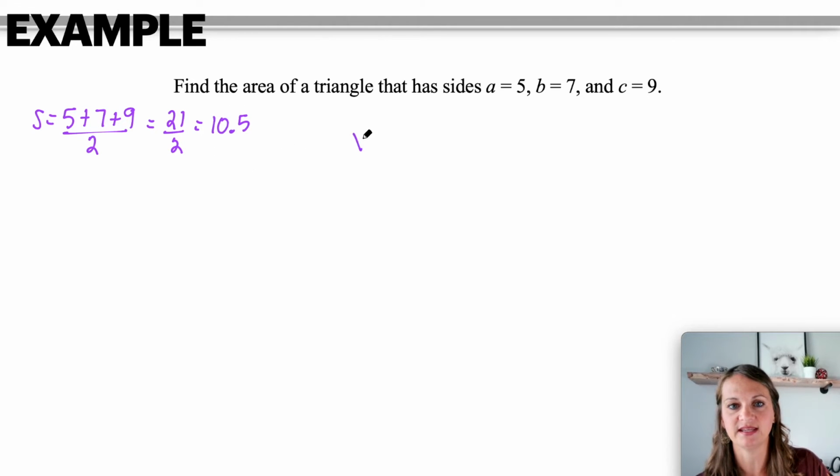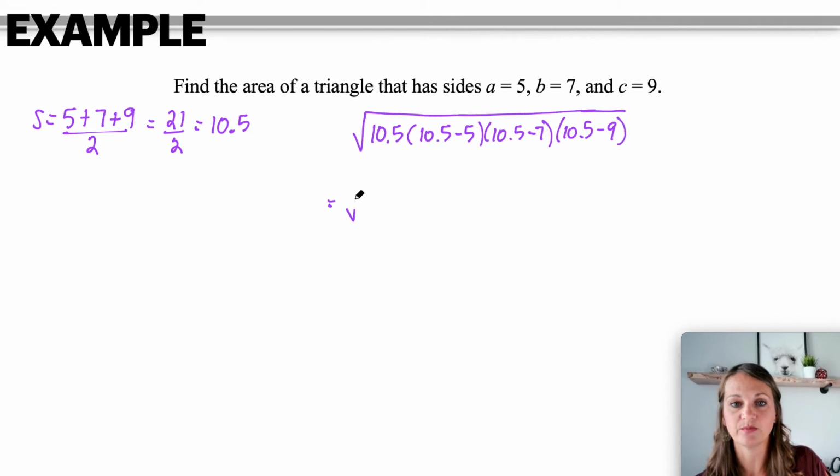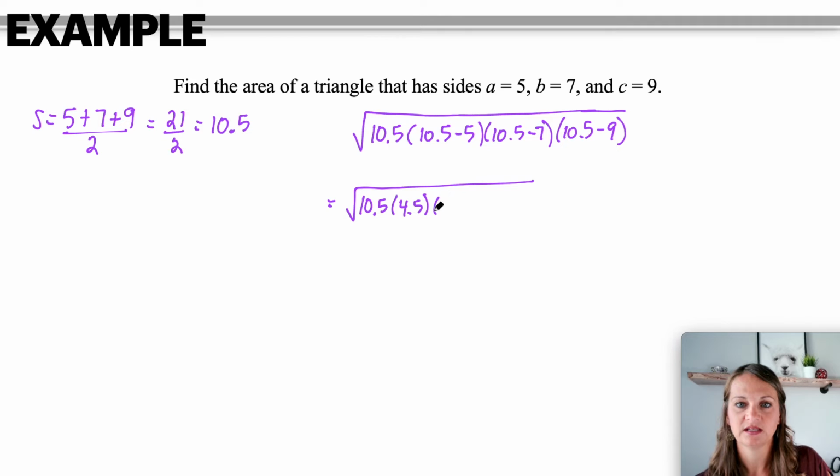Now we can plug it into the formula. We'll have 10.5 times (10.5 minus 5) times (10.5 minus 7) times (10.5 minus 9). We can either put that whole thing in the calculator or we can clean it up.